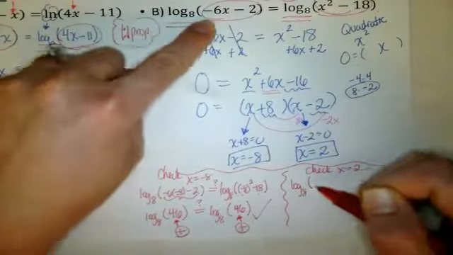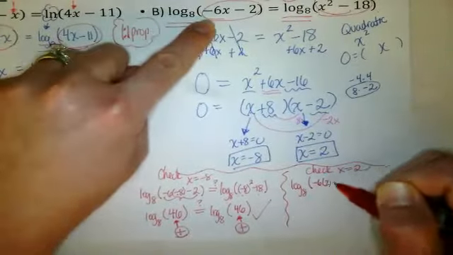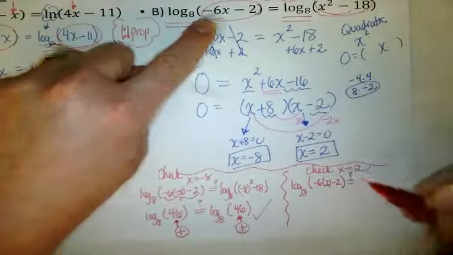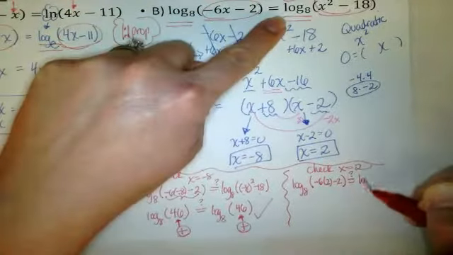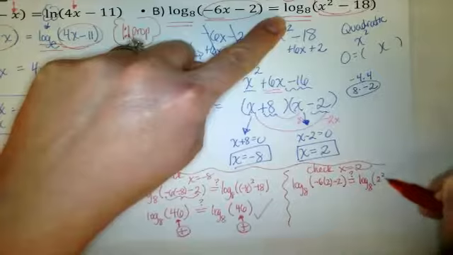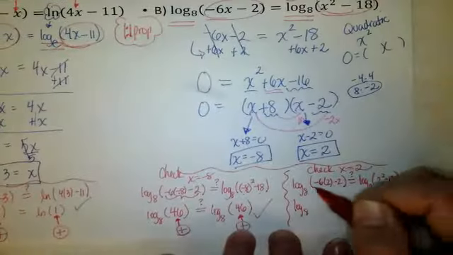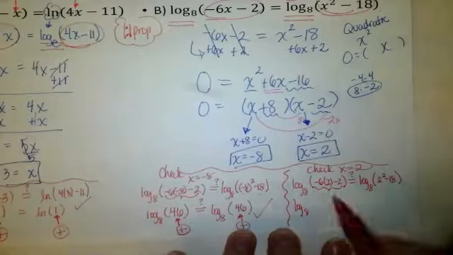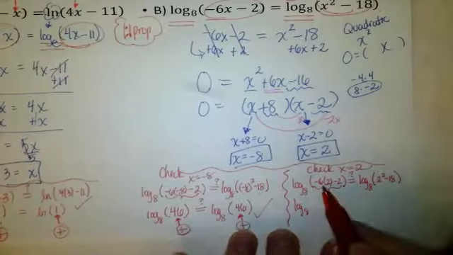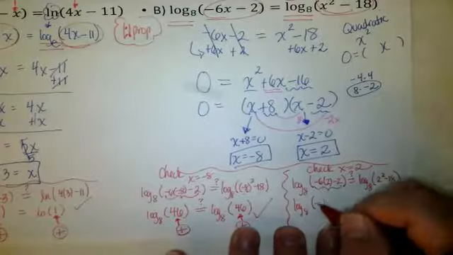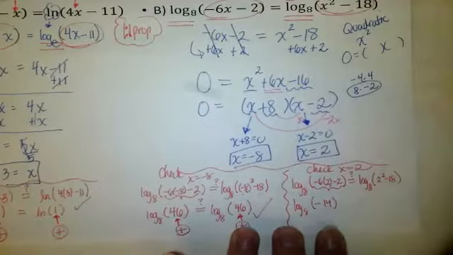Log base 8 of negative 6 times 2 minus 2 is supposed to equal log base 8 of 2 squared minus 18. Now, when I look inside my argument here, negative 6 times 2 is negative 12. Minus another 2 is negative 14. Need I continue?